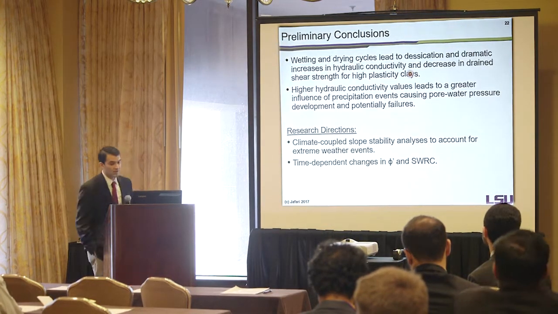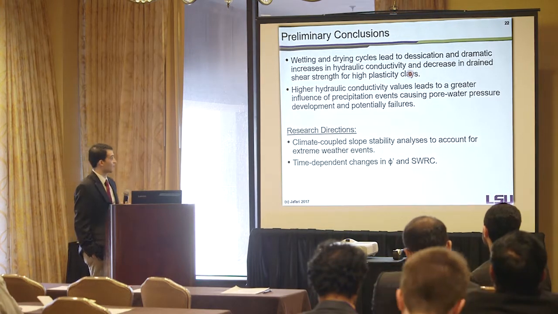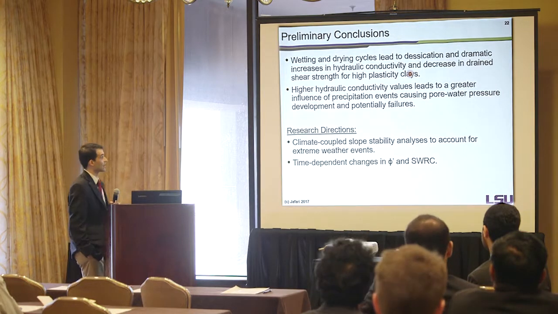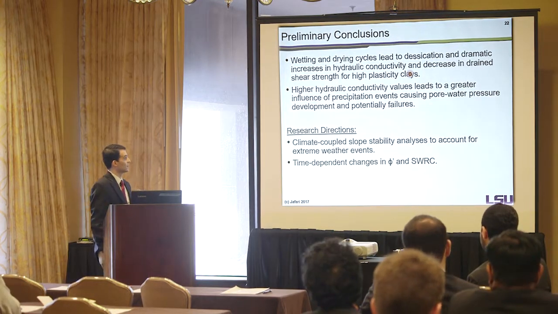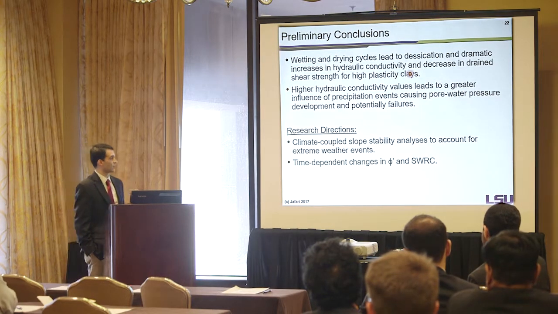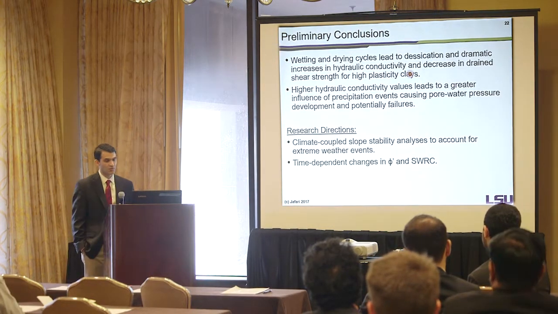So with preliminary conclusions for this work, we understand that there are wetting and drying cycles leading to decreased shear strength and changes in hydraulic conductivity. That is then leading to greater pore water pressure during precipitation events, leading to potential failures.